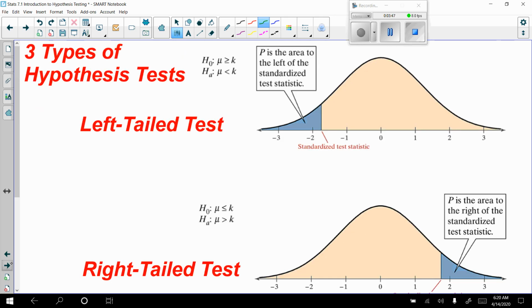There are 3 types of hypothesis tests. There is a left-tailed test where that p-value is on the left side of the distribution. So this is what the null hypothesis and alternate hypothesis would look like in this case, where the left tail is the alternate hypothesis.